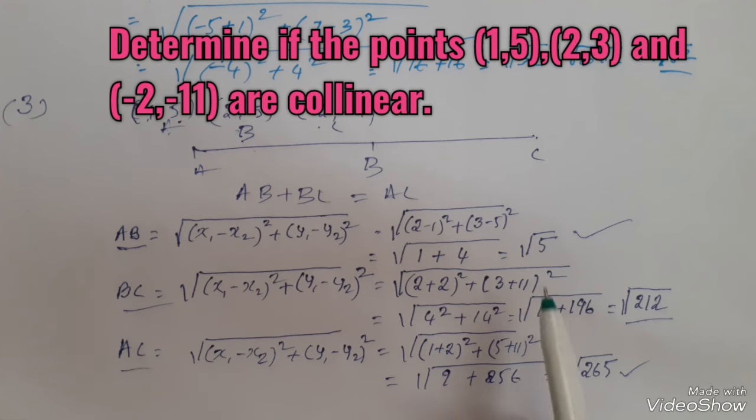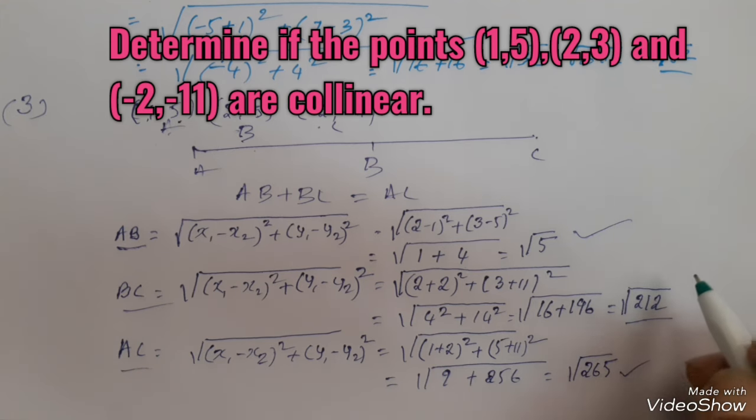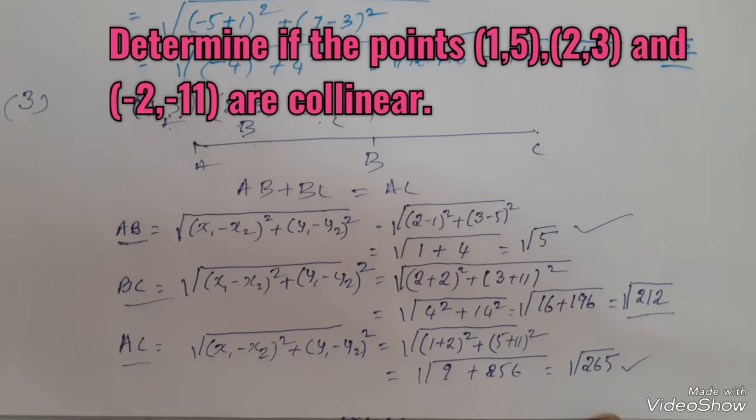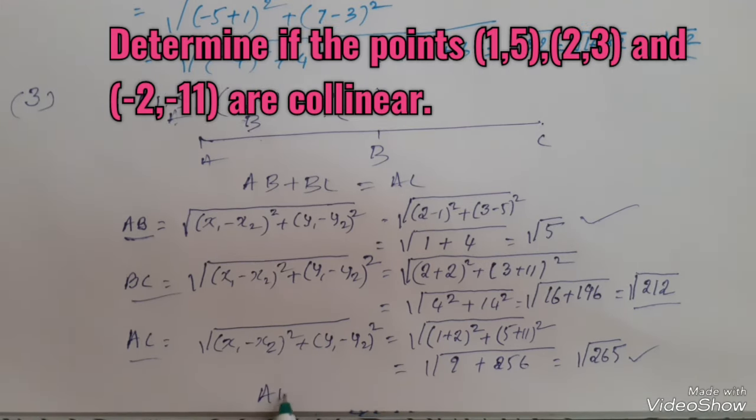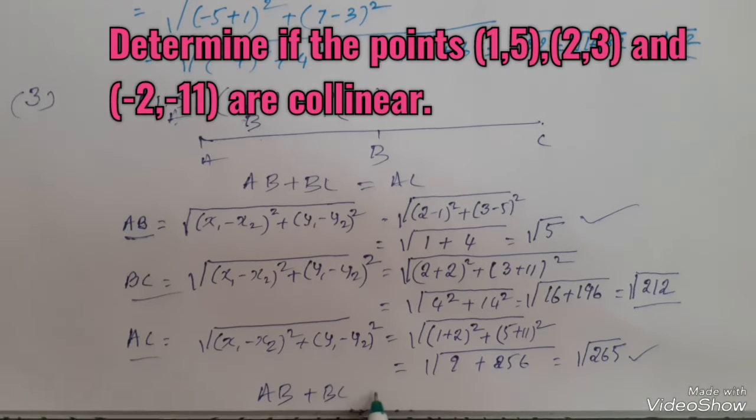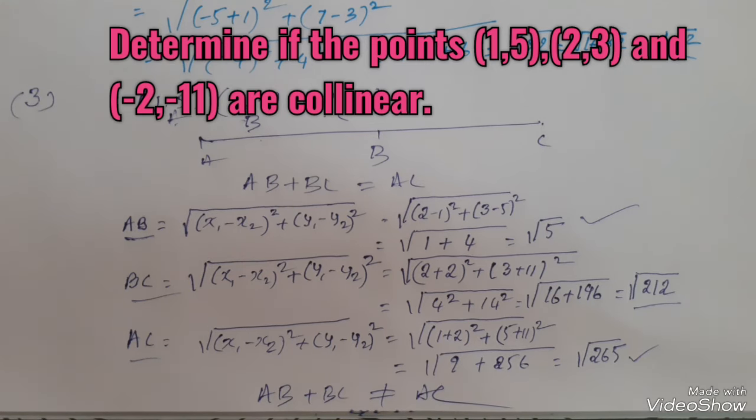Here the sum of any two sides is not equal to the third side. That is, AB plus BC is not equal to AC. So we can say the points are not collinear.